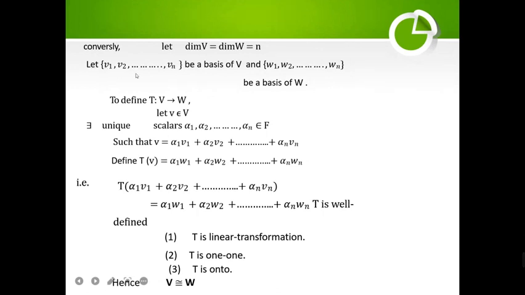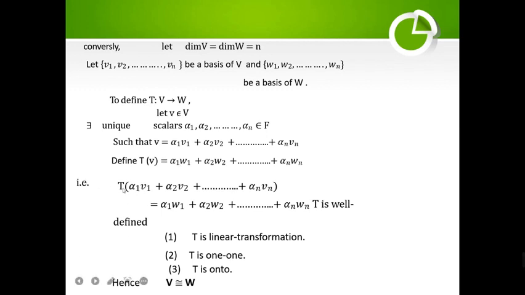Let this set be a basis of V and the other set a basis of W. To define T from V to W, let v be an element of V. There exist unique scalars a sub 1 to a sub n in F such that v is equal to this, and also T of v is equal to this. You can see the differences.